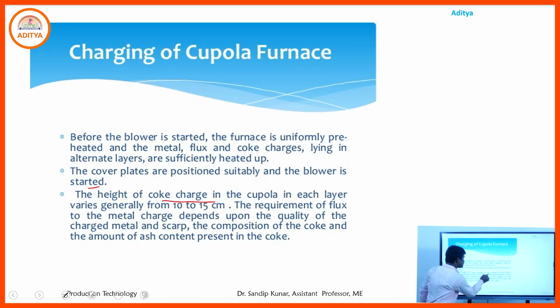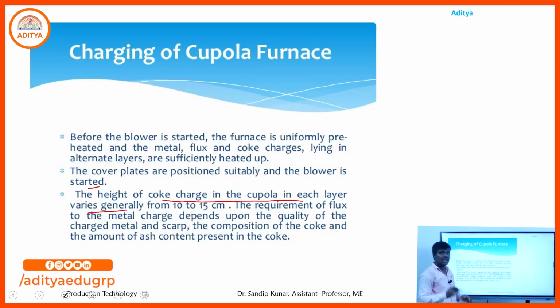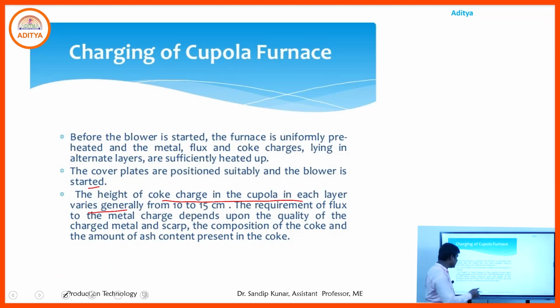The height of each layer of coke, metal and flux generally varies from 10 to 15 centimeters. The charge means flux, coke and metal, accumulated layer by layer in the furnace. The requirement of flux depends upon the quality of the charged metal or scrap.